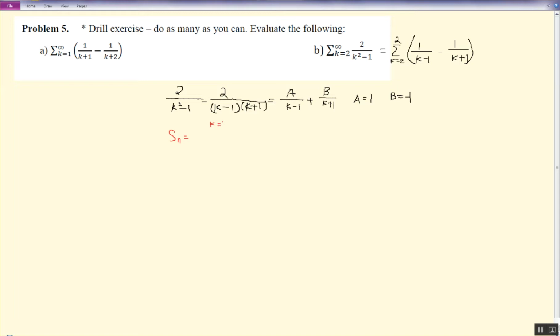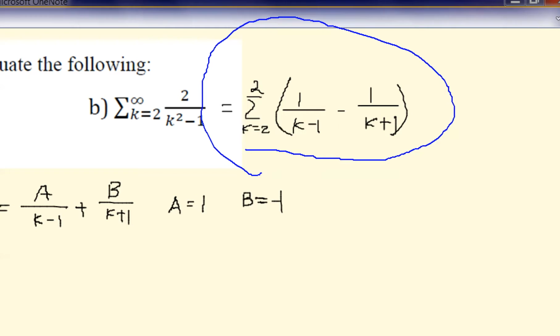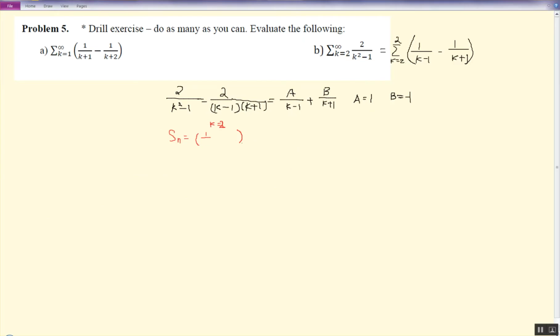I advise you to keep track of your terms. Here k starts with 2. So when k is 2, the first term is 1 over 2 minus 1, which is 1, minus 1 over 2 plus 1, which is 3.